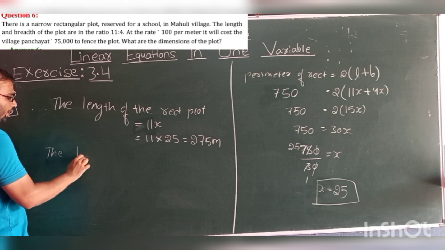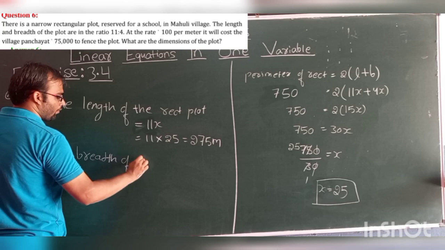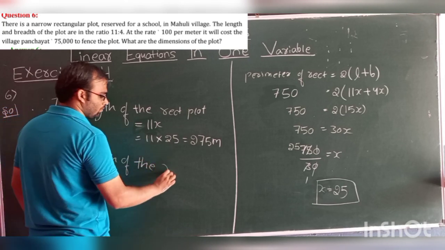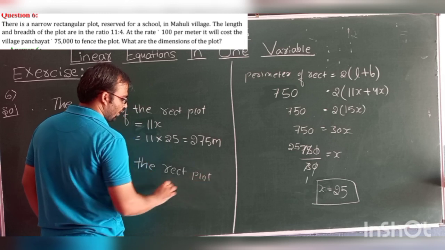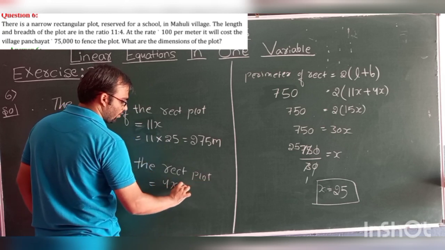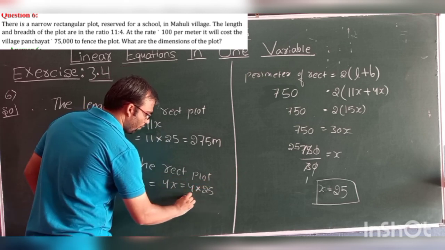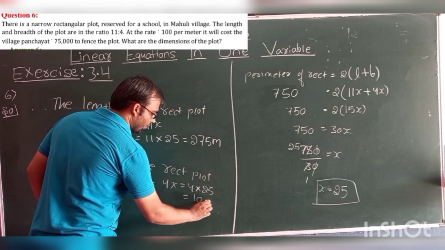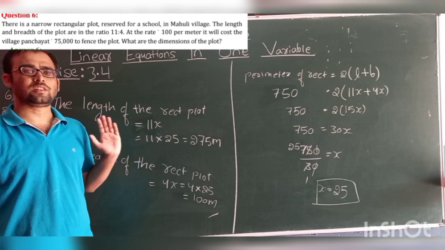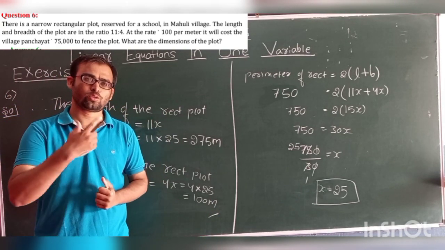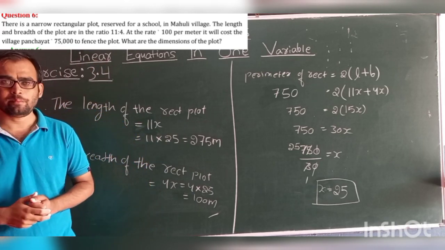The breadth of the rectangular plot equals 4x equals 4 into, what is the value of x, students? 25. So 4 into 25 is how much? 100 meters. So here you have got the length of the rectangular plot as 275 meters, and the breadth of the rectangular plot is 100 meters.